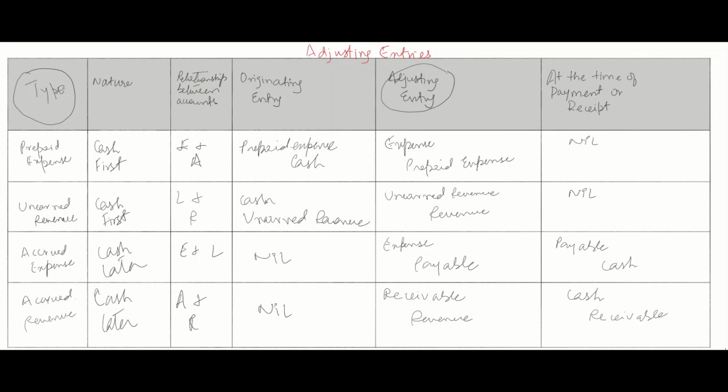Whenever revenue increases, it increases the owner's equity as well. And against the revenue, there can be only two things that a business receives. One is cash, and second is receivable.